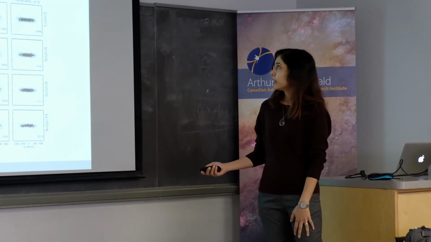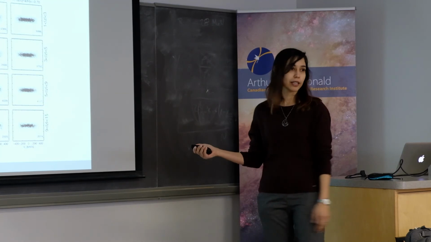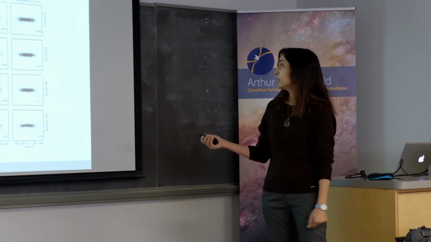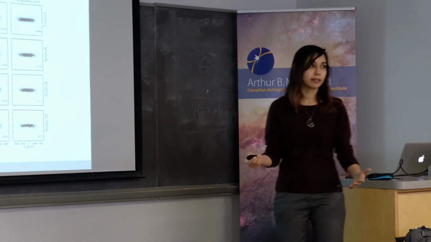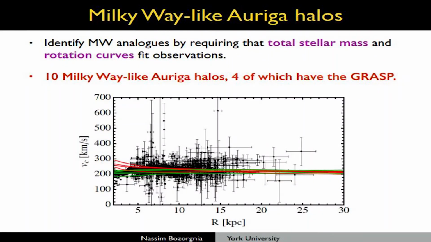And yeah, so we wanted to actually go to some of these 10 halos and see, well, we have this in stars, we can automatically see what is the dark matter distribution. And so again, we wanted to identify Milky Way-like halos not just by mass, but by the fit to rotation curves and stellar masses. So from the 30 halos, 10 of them were Milky Way-like by our criteria, and 4 of them have the sausage.